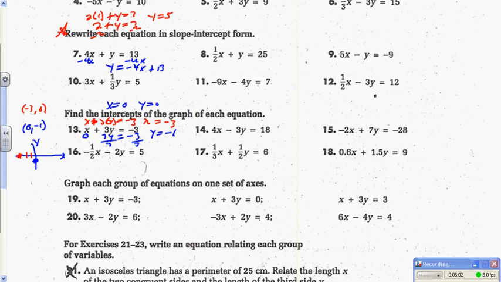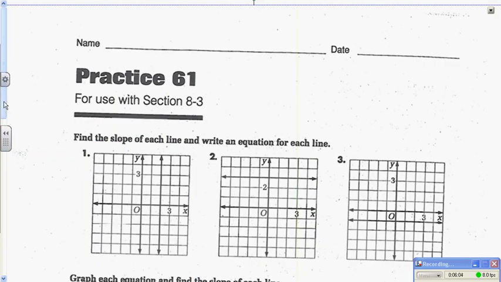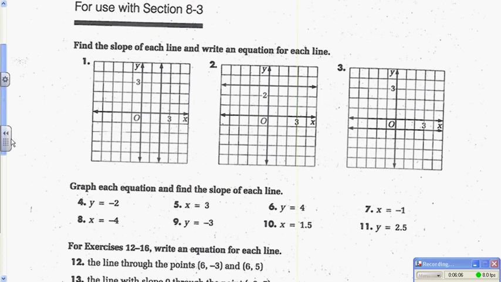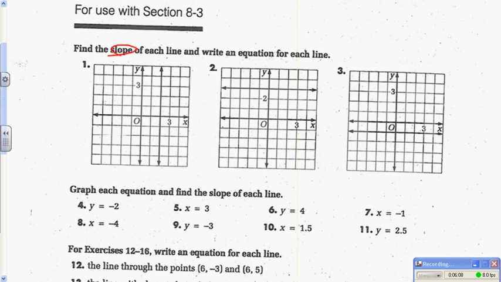Alright, let's take a look at 8.3. Here we talked about vertical and horizontal lines. Find the slope of each line. And we said that when it's vertical or horizontal, it's either going to be a slope of 0 or undefined. When it was a slope of 0, we said that it was flat or horizontal.